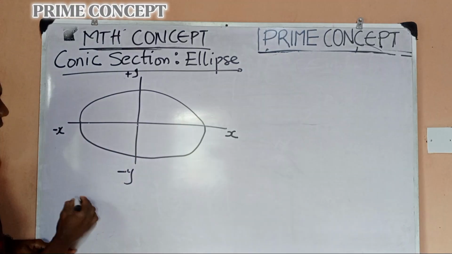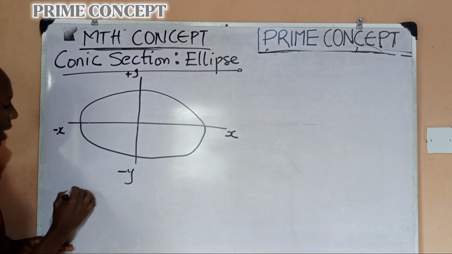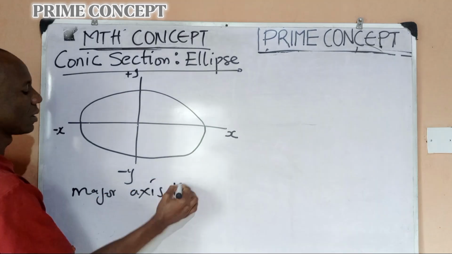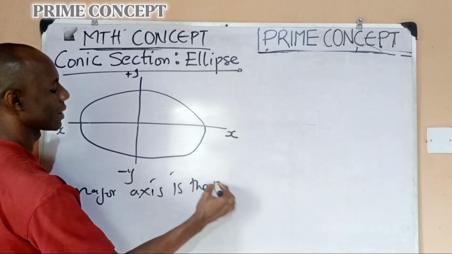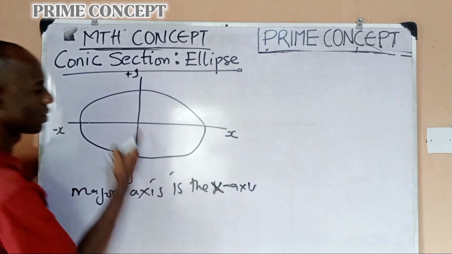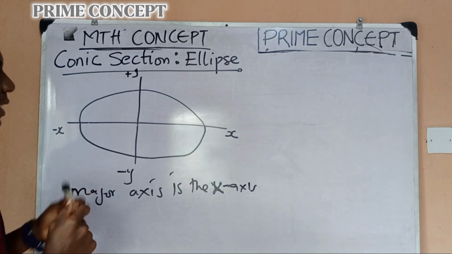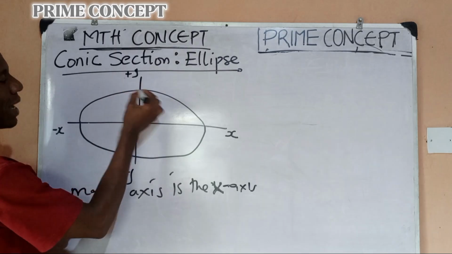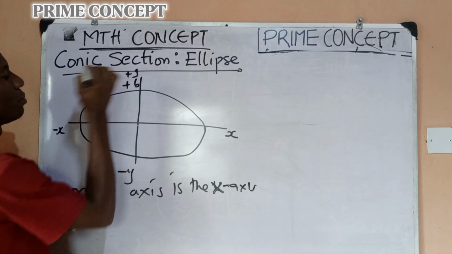So for this particular case, our major axis is the x-axis. So the major axis of this ellipse is what? The x-axis.